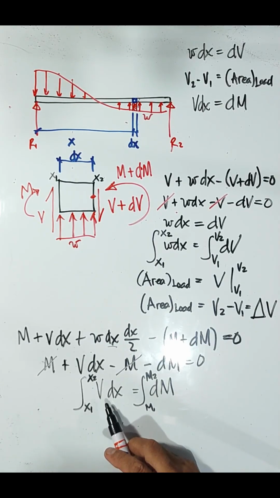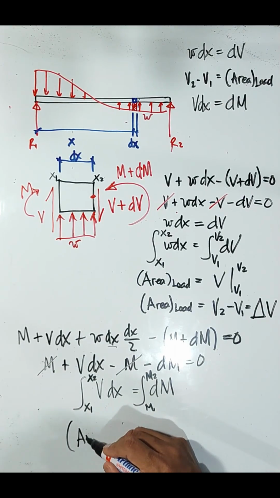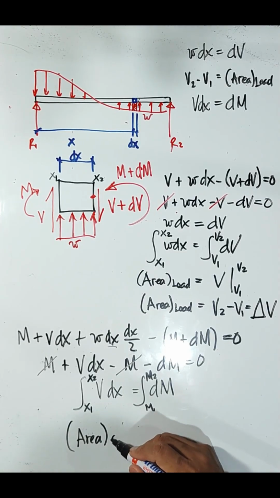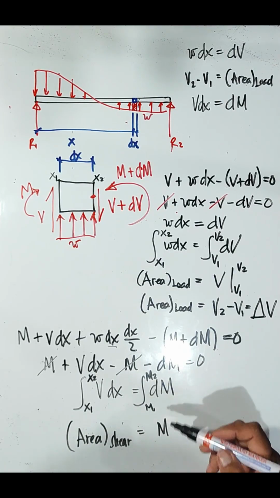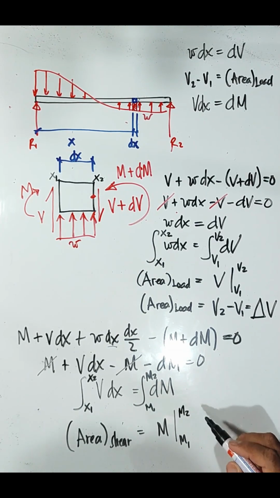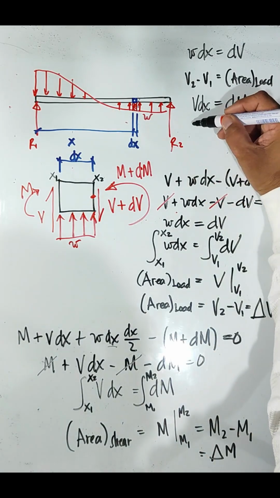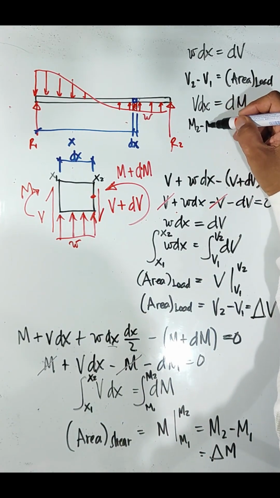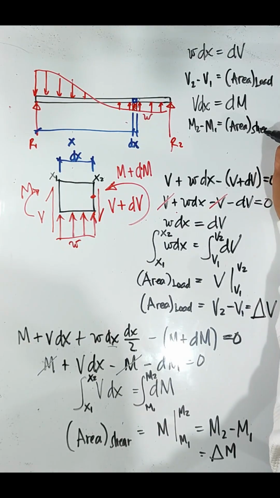Integrating V dx with respect to x from x1 to x2 is just the area of the shear diagram from x1 to x2, equals the integral of dM, which is M from M1 to M2, or M2 minus M1, that is the change in moment. So we'll write it here: M2 minus M1 is the area of the shear diagram.